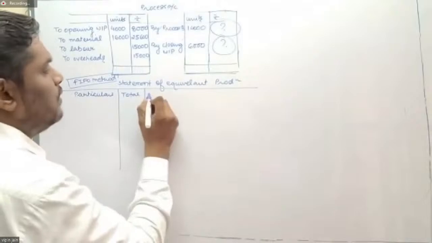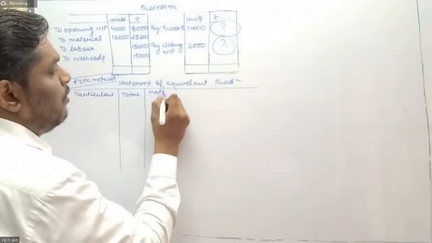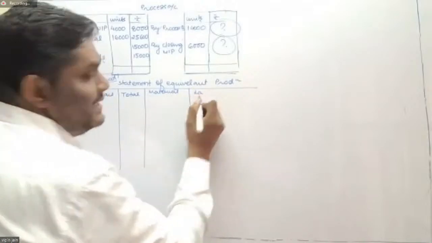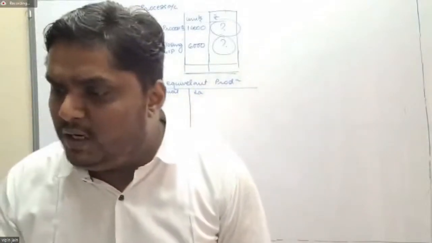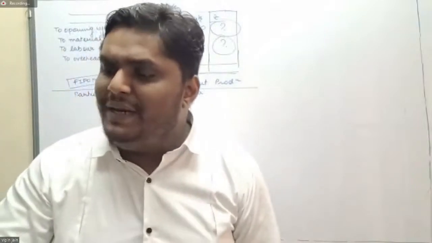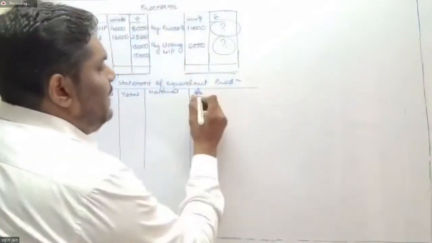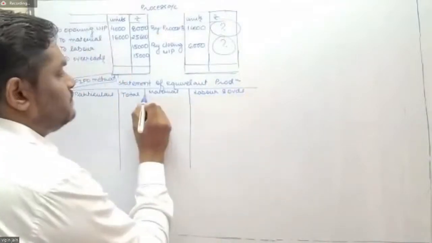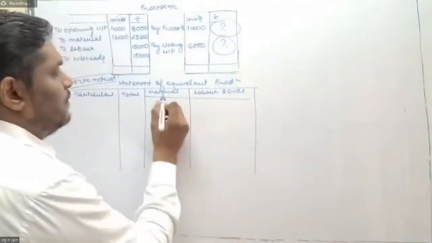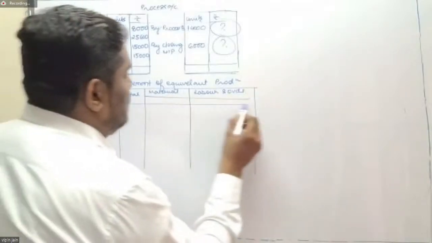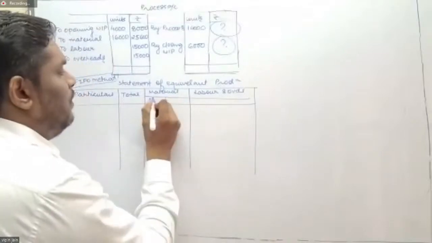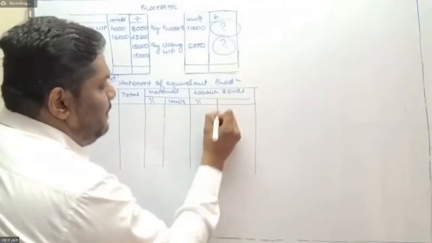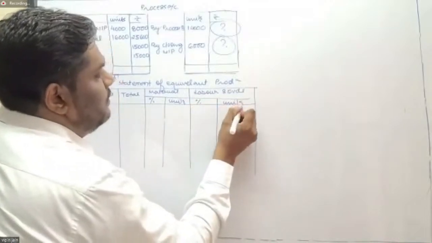Total material. Since the percentage of completion of labor and overheads are same in case of opening and closing work in progress, that's why I'm preparing only one column, that is labor and overheads. Percentage of completion and equivalent number of units.